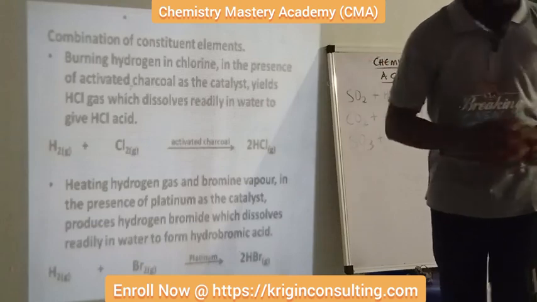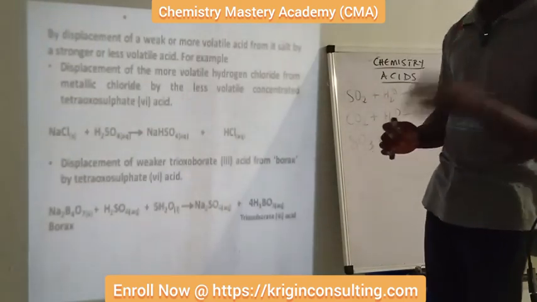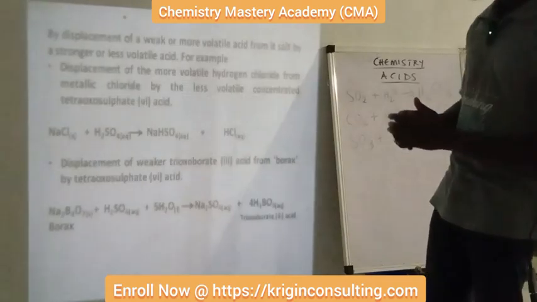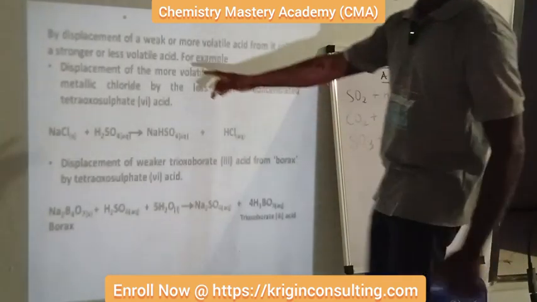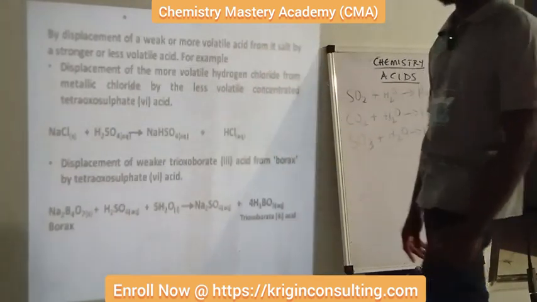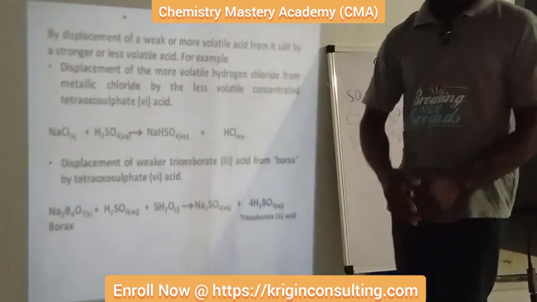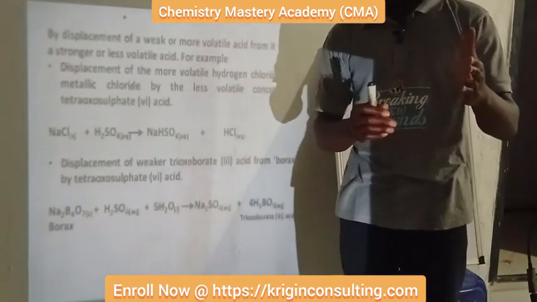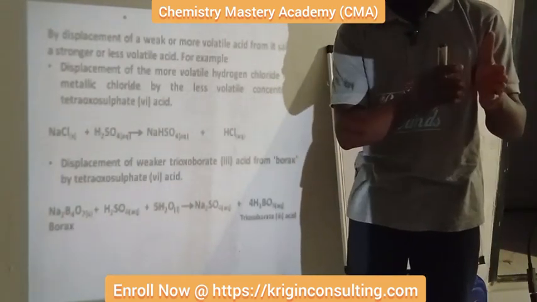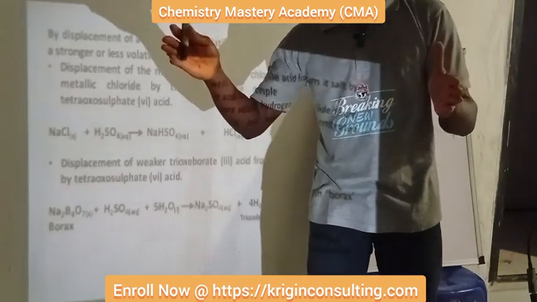Exactly. All right. Now, still on chemical properties, still on preparation of acid, we have displacement of a weak or more volatile acid from its salt. Now, acid plus a soluble base will give us salt and water, right?